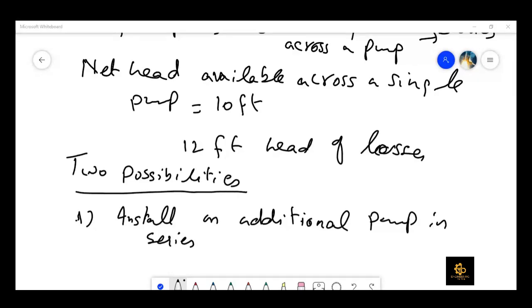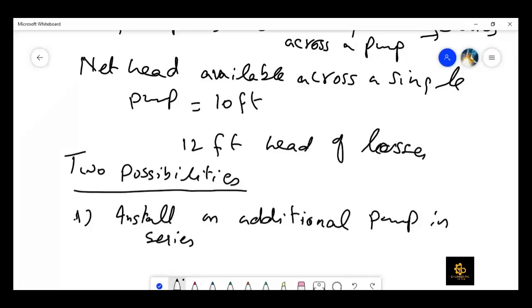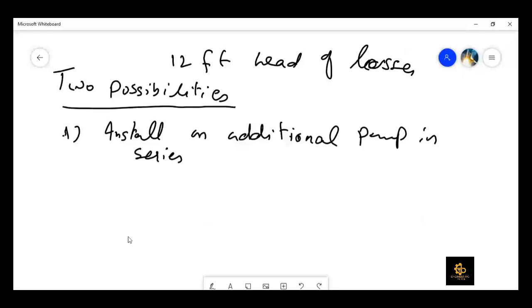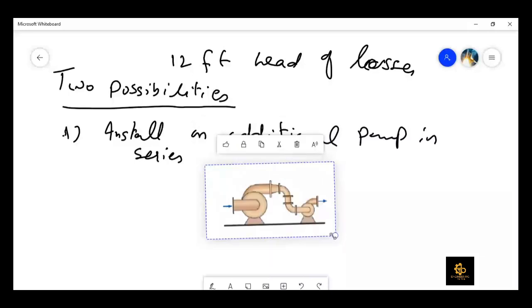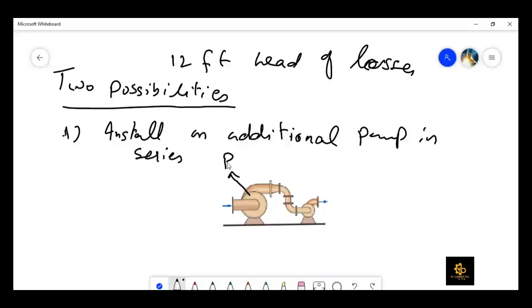So let me show the schematic on the whiteboard. Okay, so now this is pump one and this is pump two. So it is providing 10 feet of net head and this is providing 2 feet, right? So in theory there is no problem.